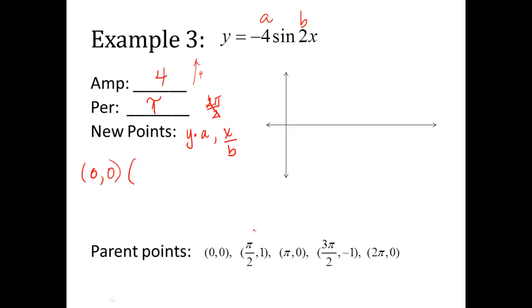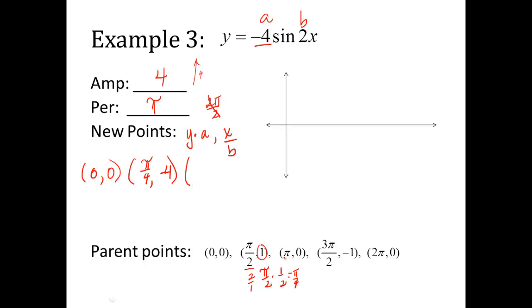Next one, x value dividing by b, which is 2. So it's pi over 2. Keep it, change it, flip it. That makes pi over 4. Y value is 1. Multiply that by your a, which makes this negative 1.